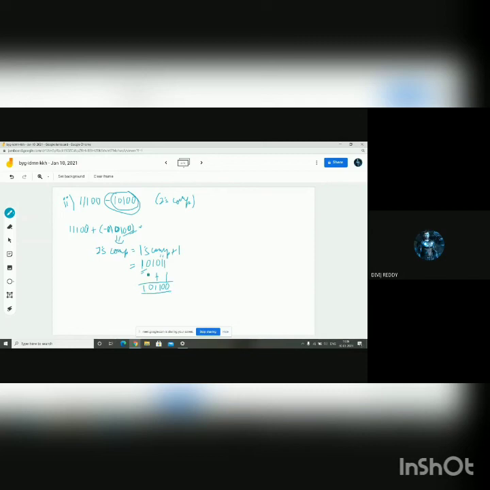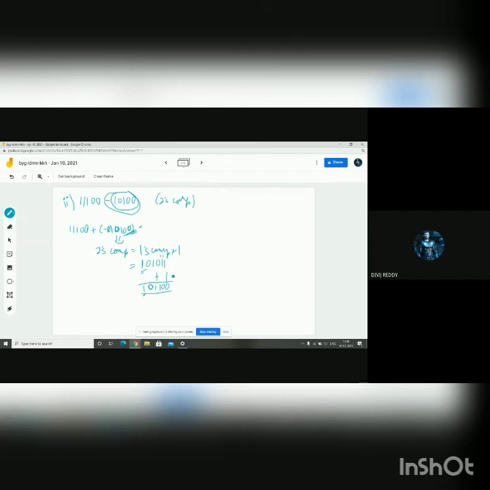This is the two's complement of the given number 10100. Here we are finally getting 1 in the most significant bit place, representing it is a negative number.